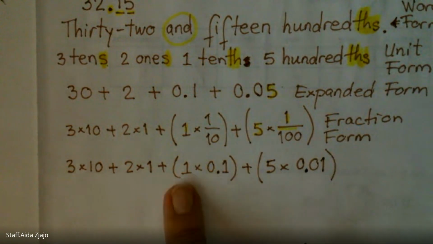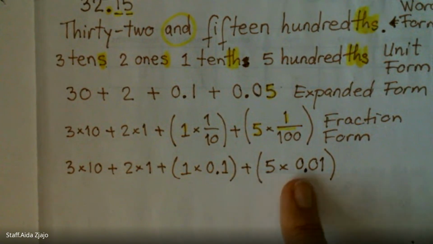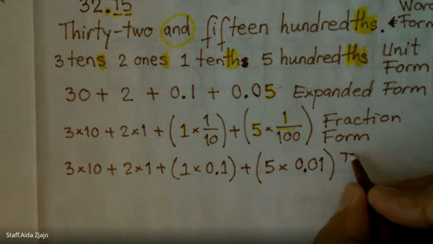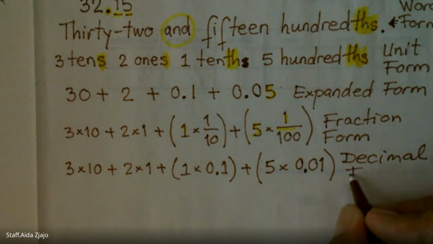So this means 1 times 1/10 as a decimal, and 5 times 1/100 as a decimal. So this is decimal form.